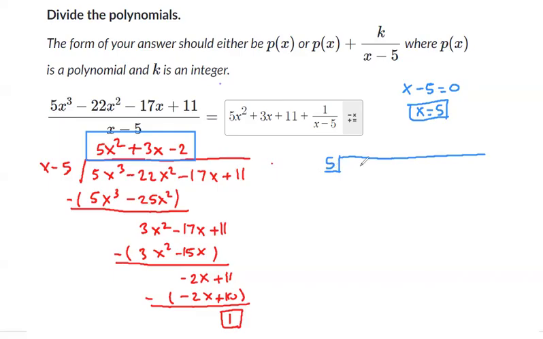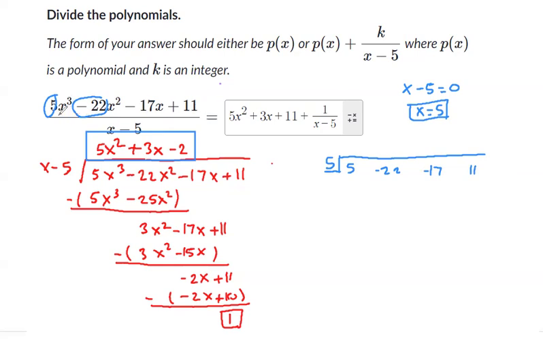As soon as we have this 5, you just look at the coefficients. So we have 5, then negative 22, then negative 17, and 11. When we do synthetic division, we need to make sure we have every coefficient: x cubed, x squared, x to the first, x to the 0.